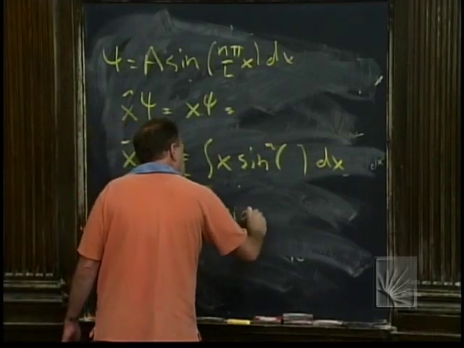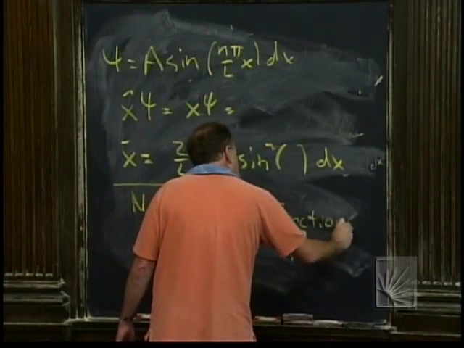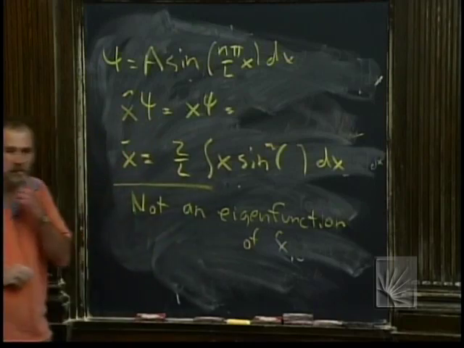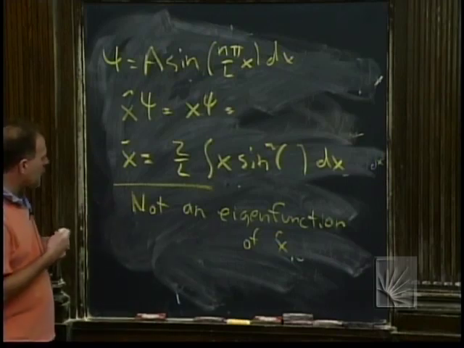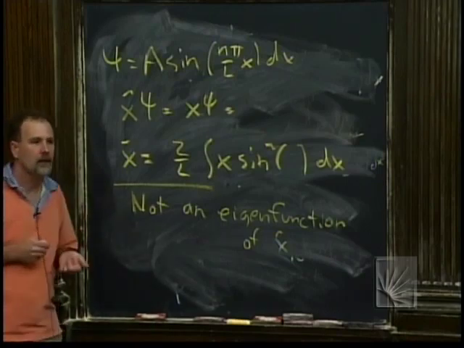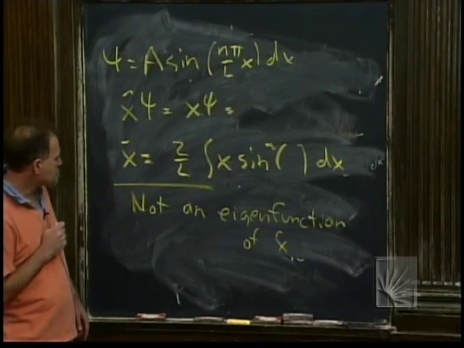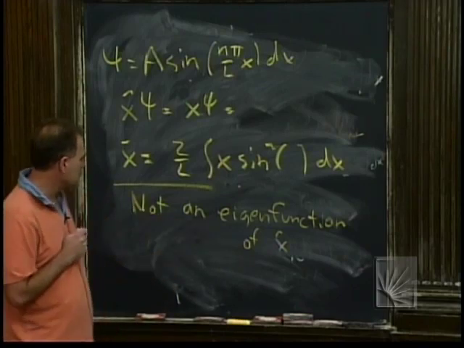So it's not an eigenfunction of x hat. By the way, eigenfunction is a German word, and it sort of means something like self. My German is too poor to do an exact translation.